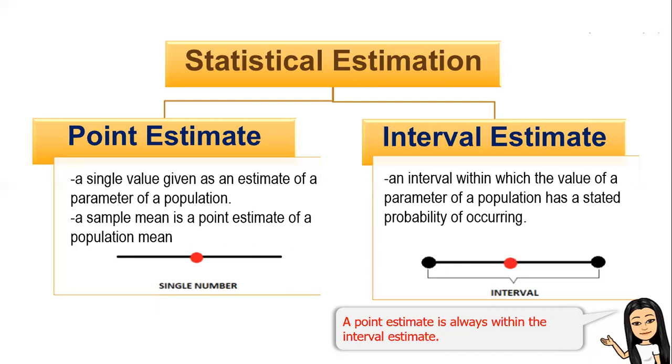So that is some sort of an interval estimate. If you say the actual mean allowance is 800, that's point estimate. But if you say, maybe the actual allowance is between 700 to 1,000, that's interval estimate. I hope I have made this distinction.